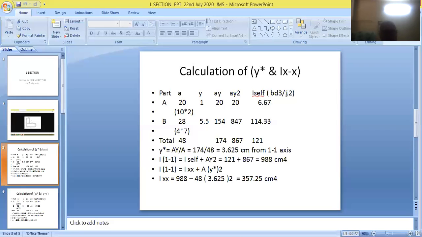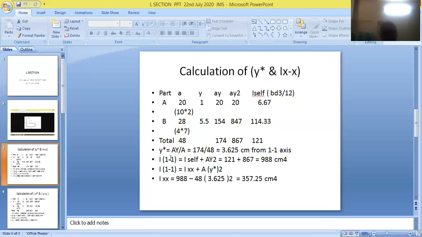Selection of B and D values is very, very important while making I self calculations, and also selection of D values is very, very important for writing the Y values of these components. So these are the crucial things we are supposed to remember. Now I add up all these values: you get sigma A, sigma AY, sigma AY square, and sigma I self. So we got all the figures.